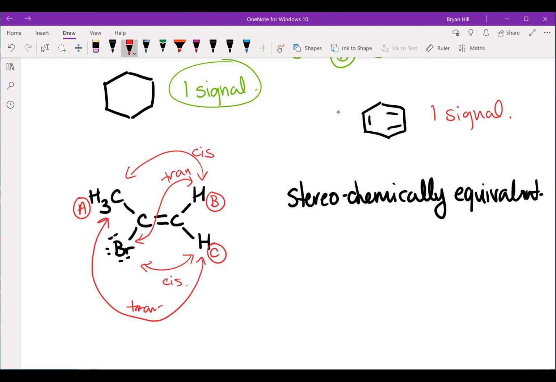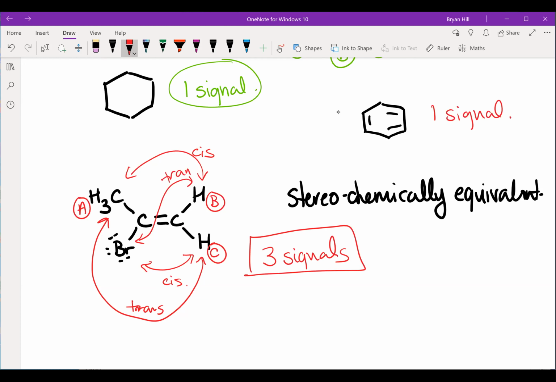So protons B and C would not be equivalent in this case, because their spatial arrangement is cis and trans. So these would be inequivalent. So you should see 3 signals for this.